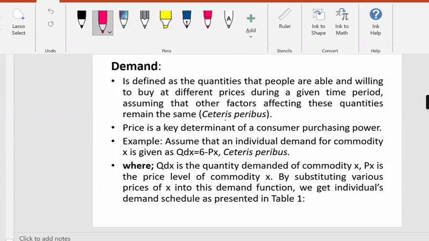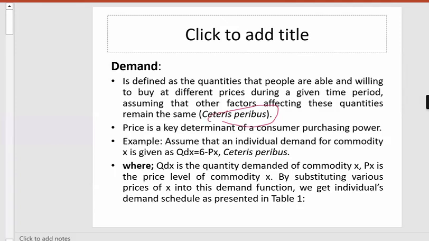But under ceteris paribus, assume all other factors remain what? Constant. So, the price is the key determinant of what? The price is the key determinant of consumer purchasing power. When we say under ceteris paribus, we just assume that only price can affect what? Demand, right?